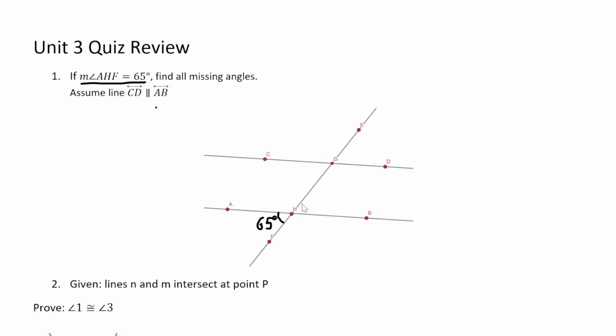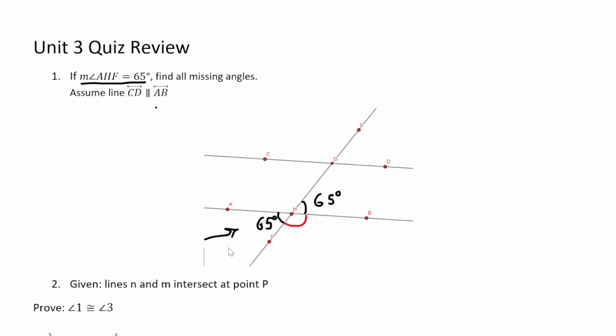Okay, now with that angle I can find this angle, which is vertical to this one. So this one therefore is also 65 degrees. Now with this angle, or either one, I can actually find the next one, which would be this one.